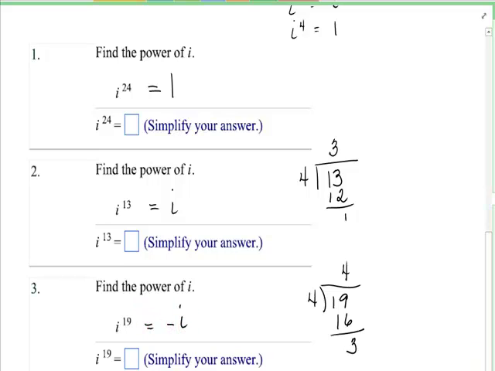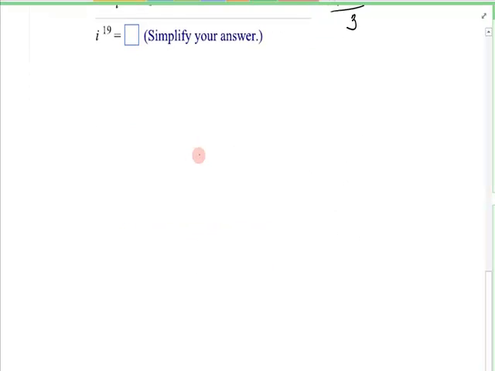Let's do one more. Let's suppose I said, what's i to the 217th power? Well, I sure don't want to go cycling through that, so I will divide it by 4. If I want to, I could even use my calculator. 217 divided by 4, and I get 54, and don't write down the decimal.